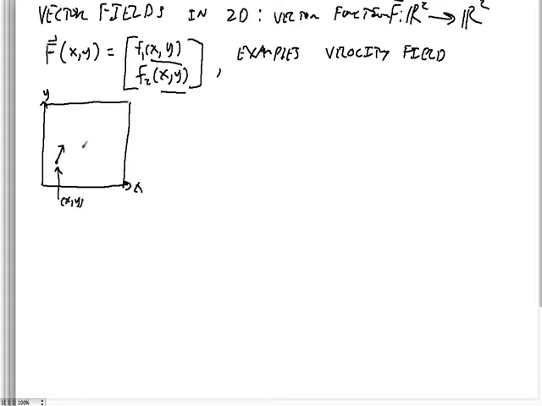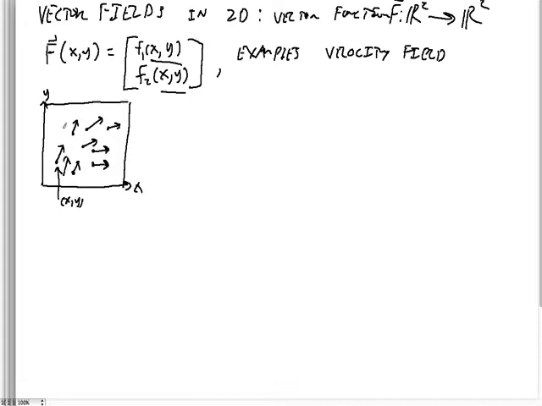If I pick a different point in the plane, some other point, you get another vector coming out like this. So at every point in the plane I can put some sort of vector. I'm just giving a few example points, and you could draw as many as you like.